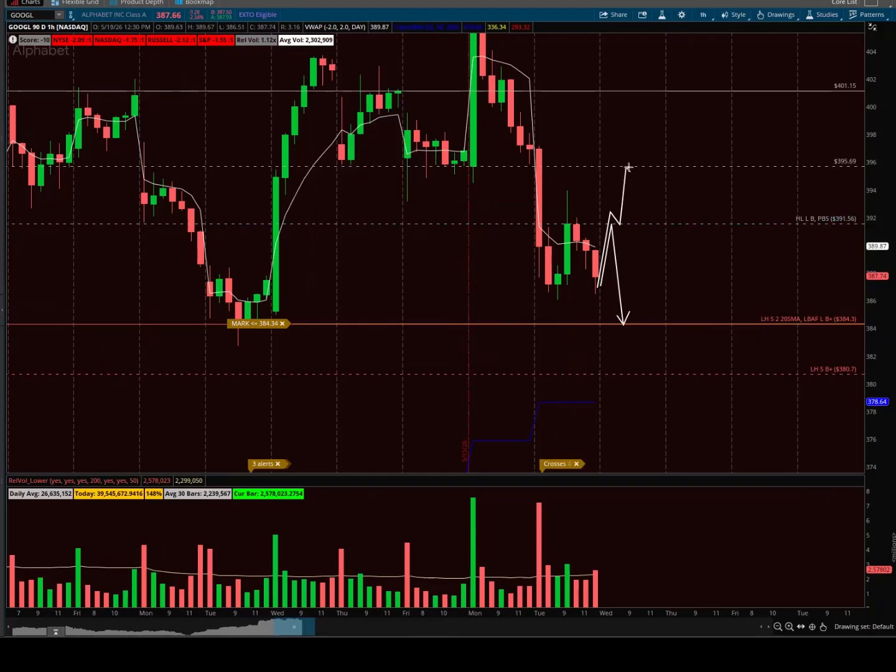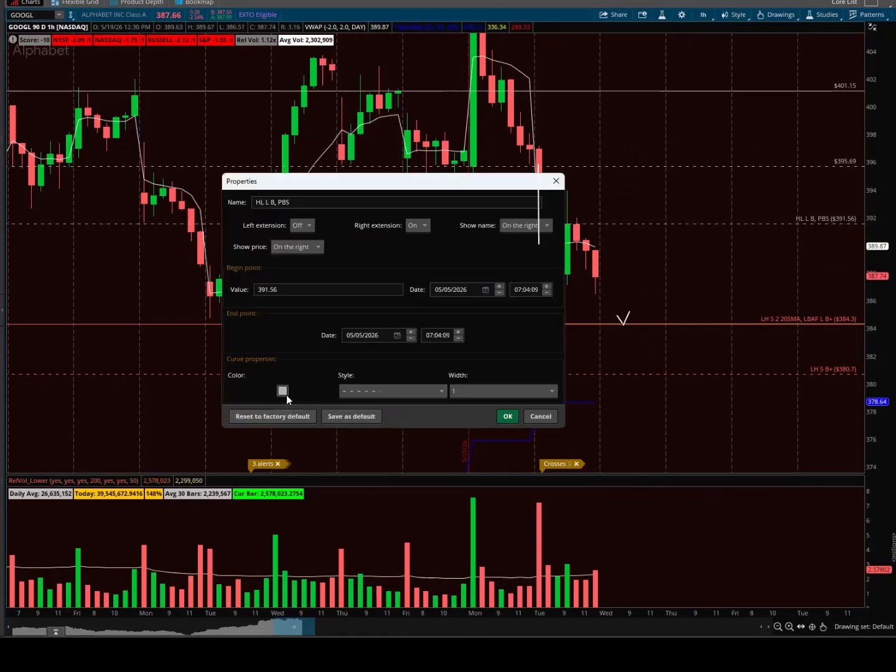I would be looking to come through and do like a thin structure retracement, retracing all this thin structure right here. So with green internals, kind of a green market open tomorrow and a higher low above 391.50, I would look to do a thin structure retracement to at least 395.70. So that's what I'm looking for on Google.